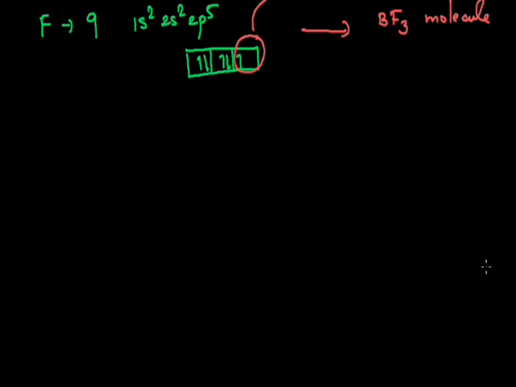If you look into the structure of this molecule, the structure would be like this. Boron has an arrangement of orbitals in the trigonal fashion, and with this the 2p orbitals of fluorine will combine.